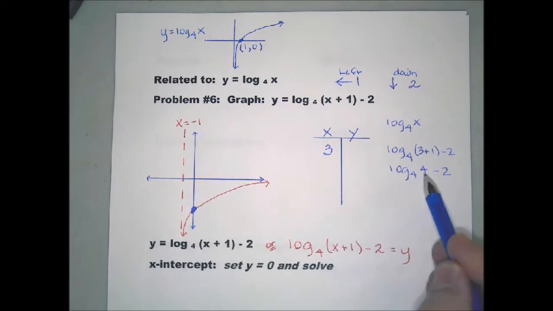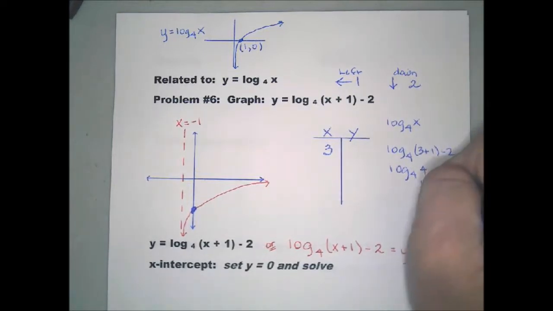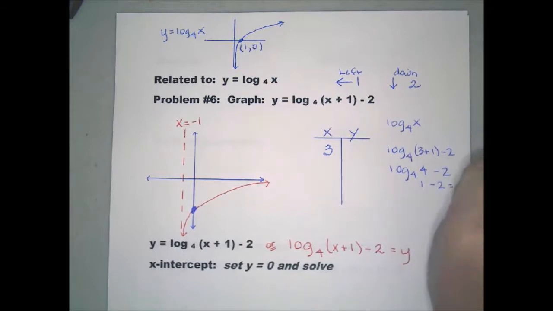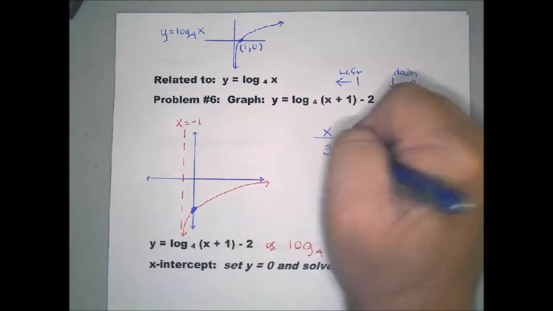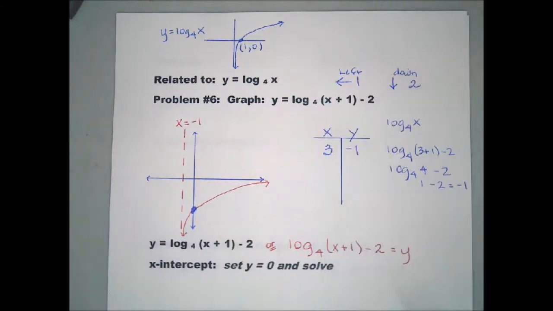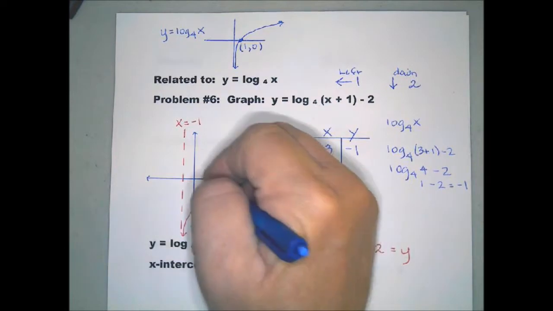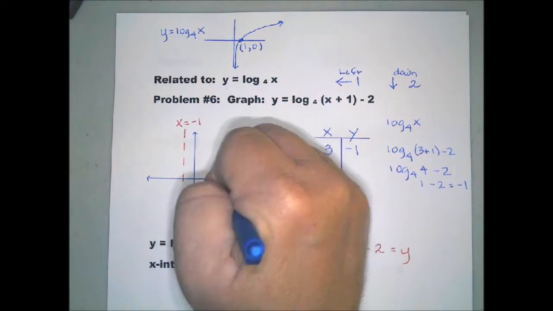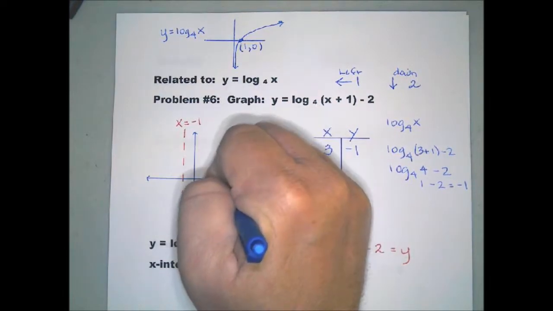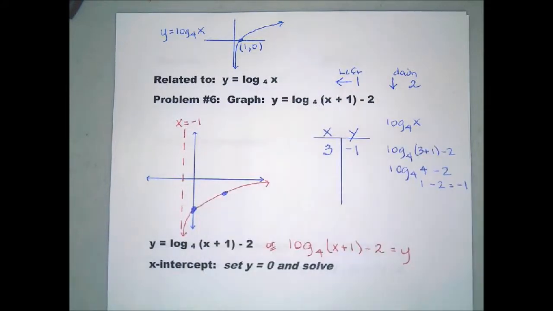Now we know what log base 4 of 4 is. It's 1. So that's 1 minus 2 equals -1. So that means the y value is -1. When the x value is 3, the y value is -1. So if I just estimated it, 1, 2, 3, -1, it might be somewhere about right there.